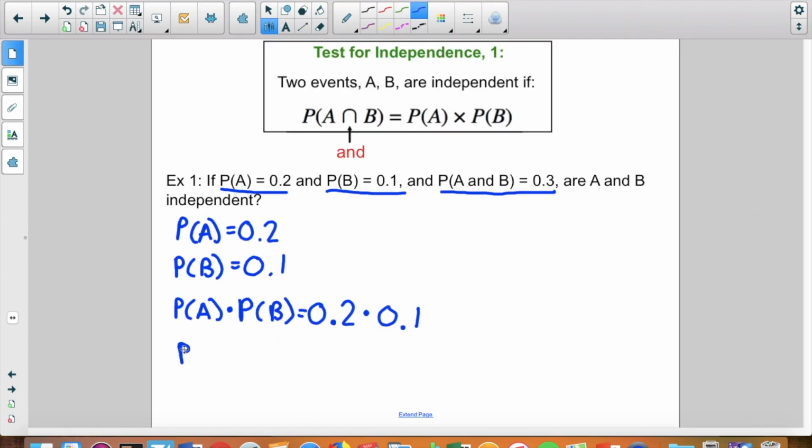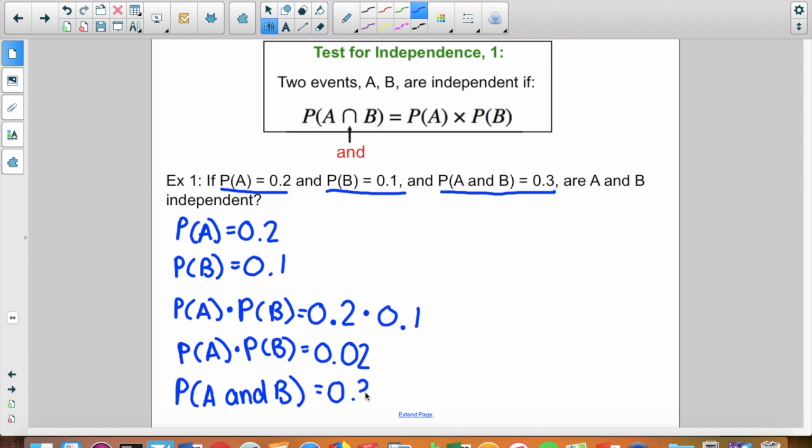So the probability of A times the probability of B is equal to 0.02, whereas the probability of A and B was equal to 0.3. If we compare these, we can see that they're not equal to each other.